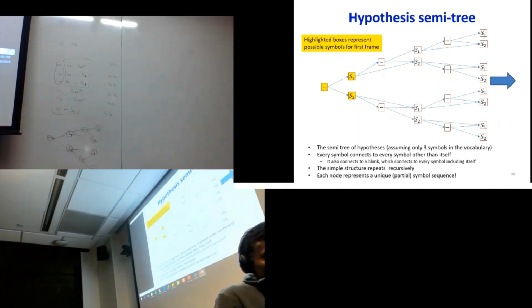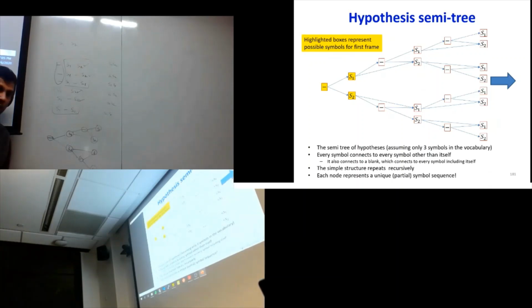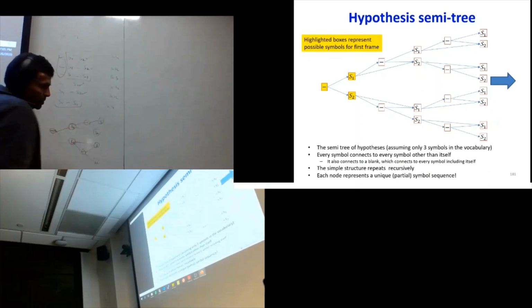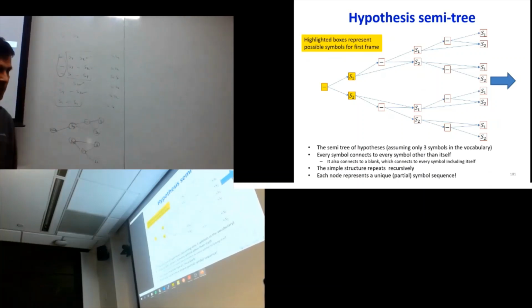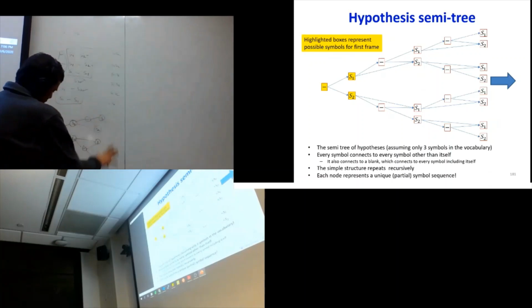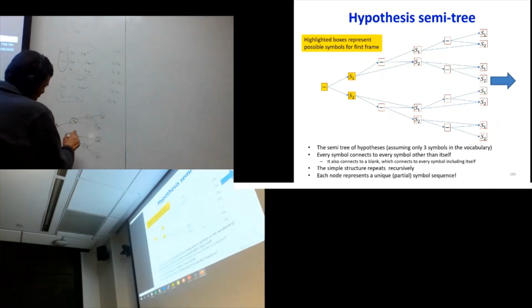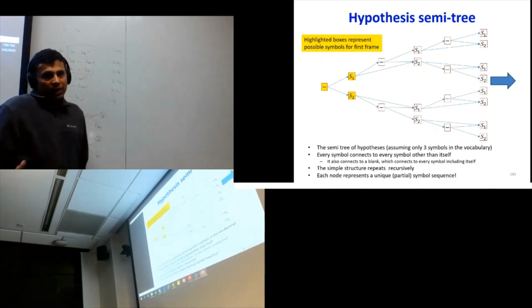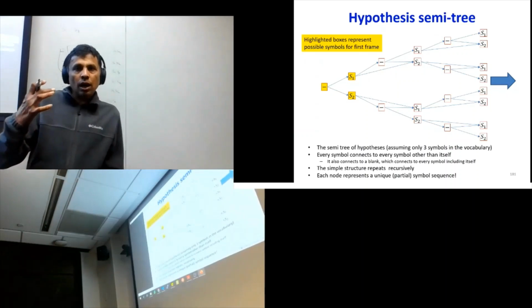But this structure represents all possible ways of generating a two-symbol long sequence. Now, in the process, what I have not explicitly shown is that when I have an S1, this S1 represents an arbitrary number of repetitions of S1. But if you ignore that, then this represents the entire structure of all possible ways of producing symbol sequences of length 2.